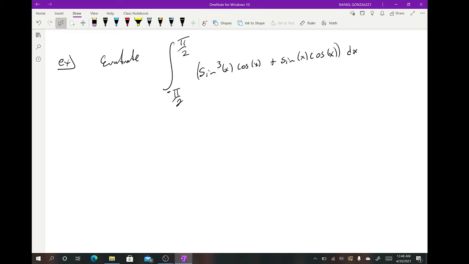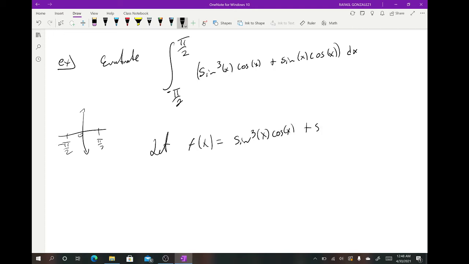that this is symmetric because we're going from negative pi over 2 to pi over 2. So the origin will be your axis of symmetry. Now, if you let f of x be equal to this whole thing, sine cube of x times cosine of x plus sine of x times cosine of x, we have the following.